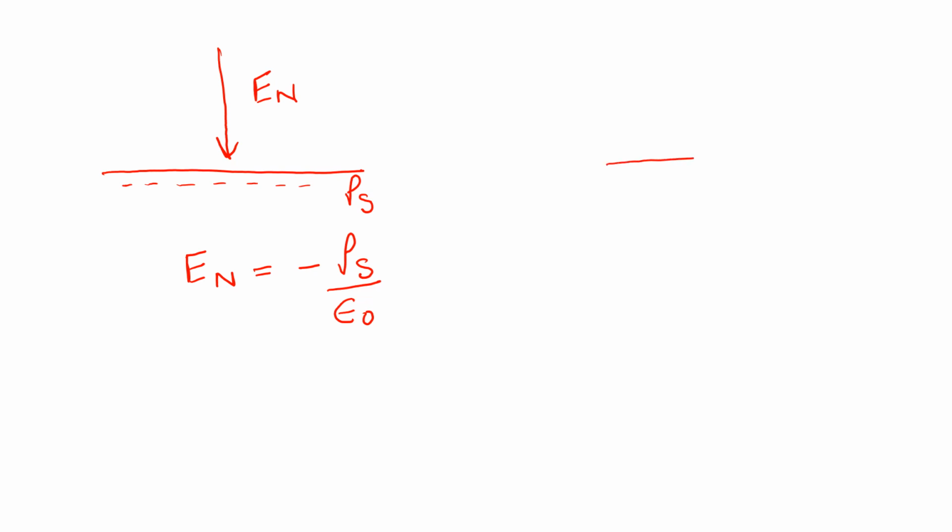Or if the field was going out of the conductor, then the charge here is going to be positive. In that case, E normal is going to be rho s by epsilon naught. If you know one of these two values, then you know the other.